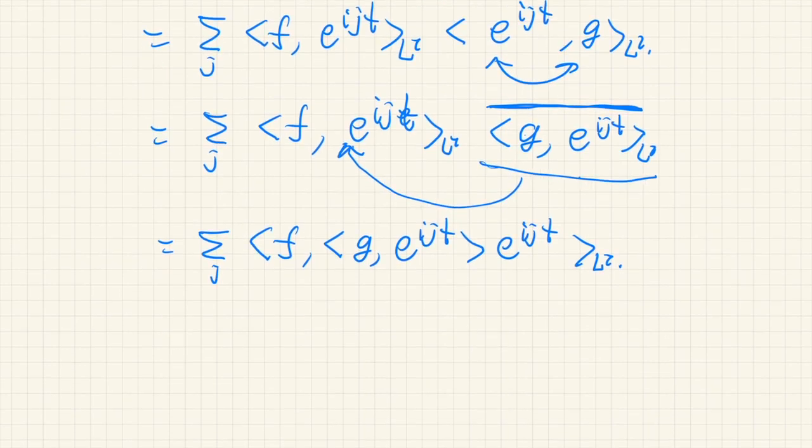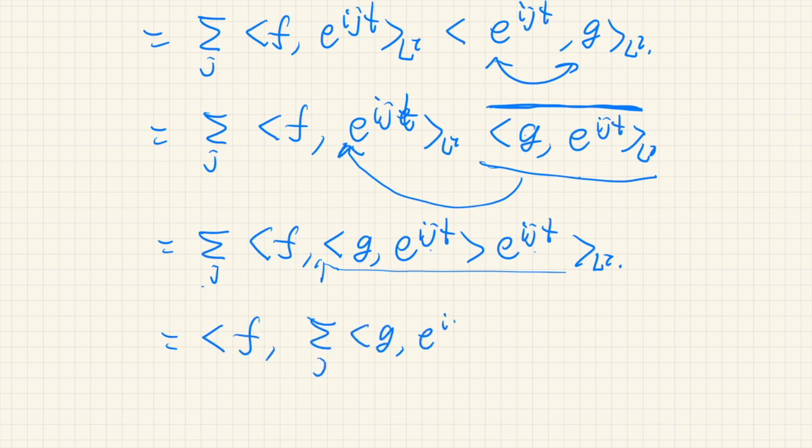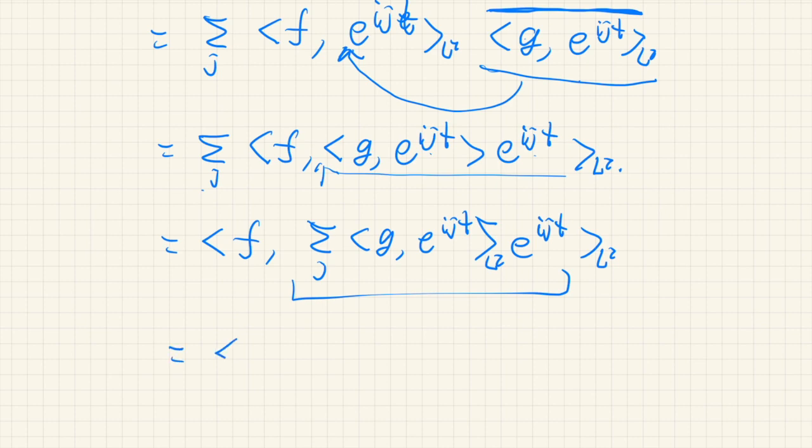Okay, and let's put this summation onto the second place because that is where j appears. So we have f and the summation of the inner product of g with e^{ijt}, times e^{ijt}, bracket closed. So this one is just the definition of Sn applied to g. So we are done.